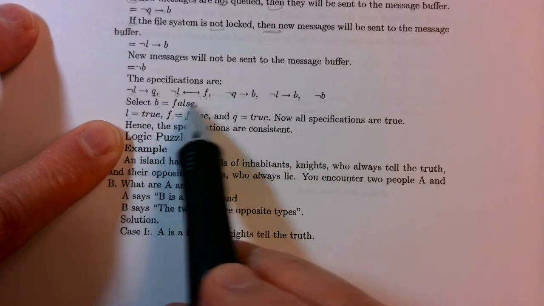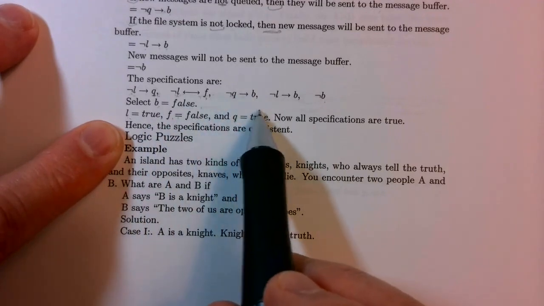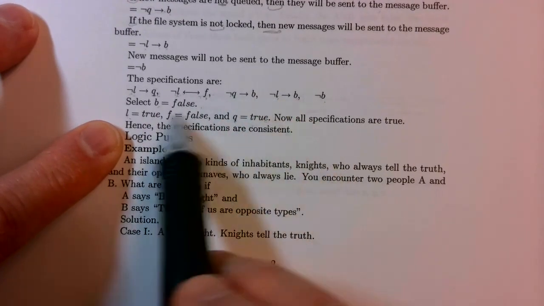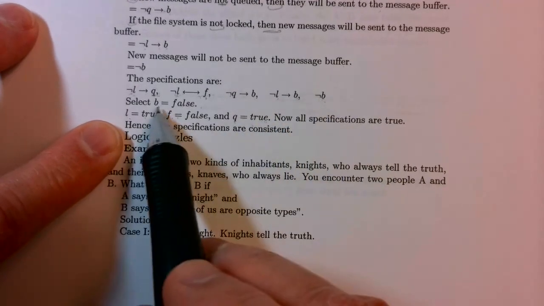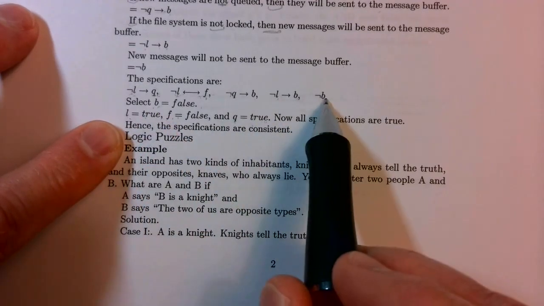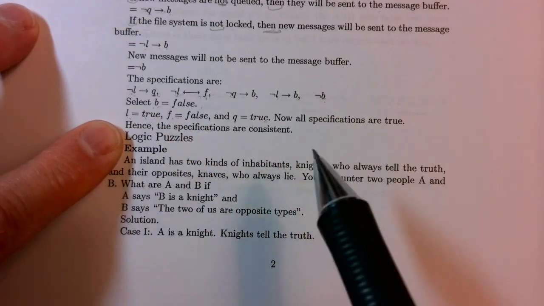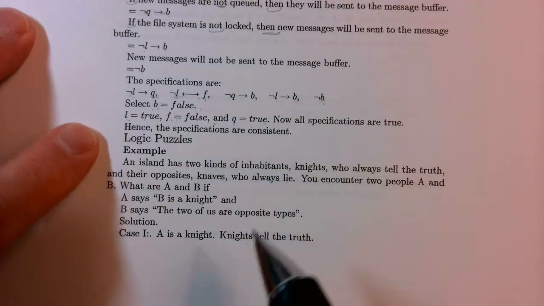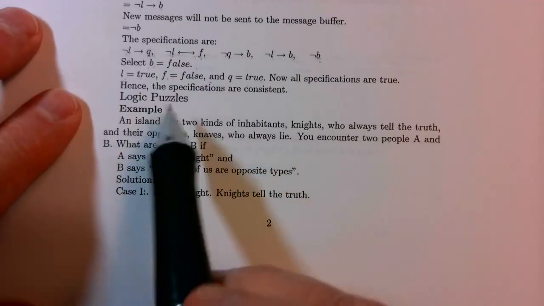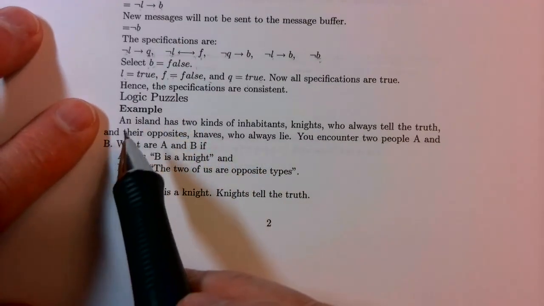B is selected here to be false, so Q must be true, and L must be true. Not B will be true. So for this selection, all the specifications are true and the system is consistent.